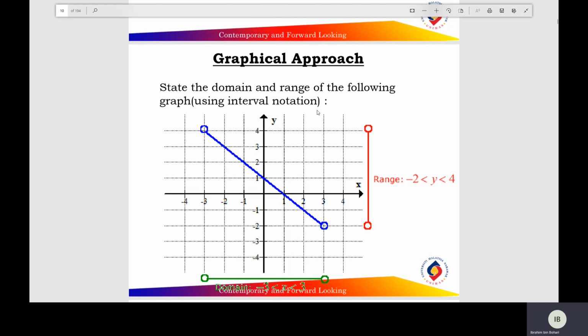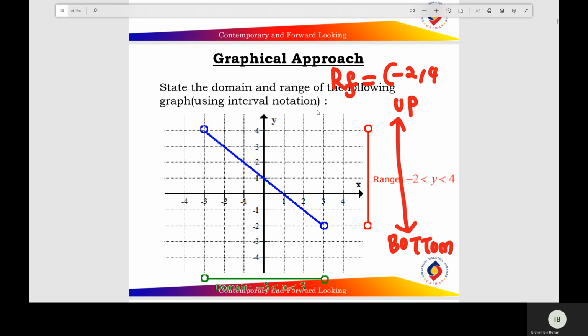Here are examples of the graphical method. State the domain and range of the following functions using interval notation. For the first function, you find the range of the function.